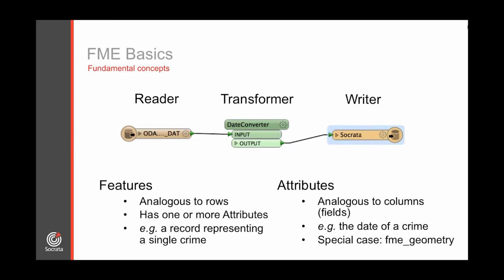So that's the process of extracting data, pulling data out of your system of record or your source system or file format, and transforming that data, manipulating it in some way such that it can be loaded into the Socrata platform. If you're going to power a particular app with that data, it is very important to have the schema of that data match what is needed for a Socrata app, for example. So that's what FME looks like in the context of Socrata.